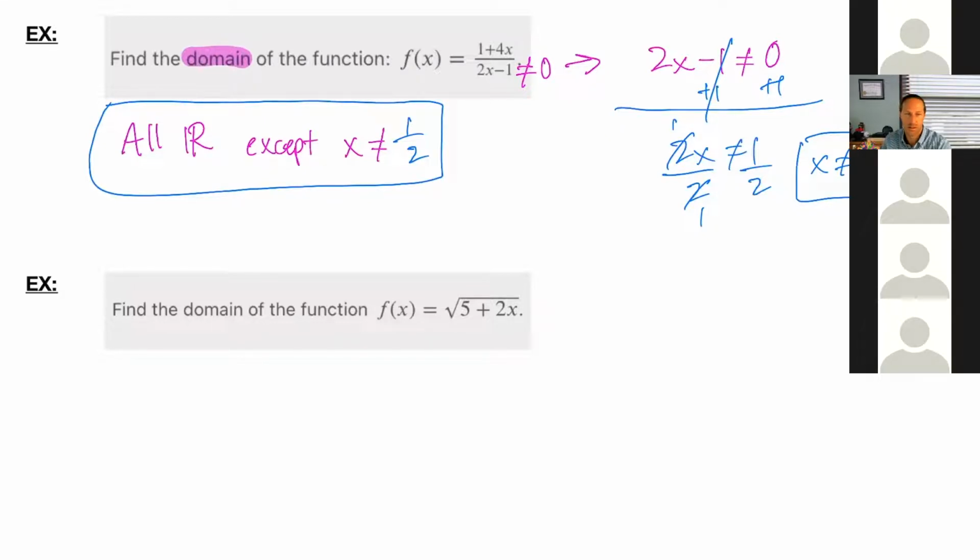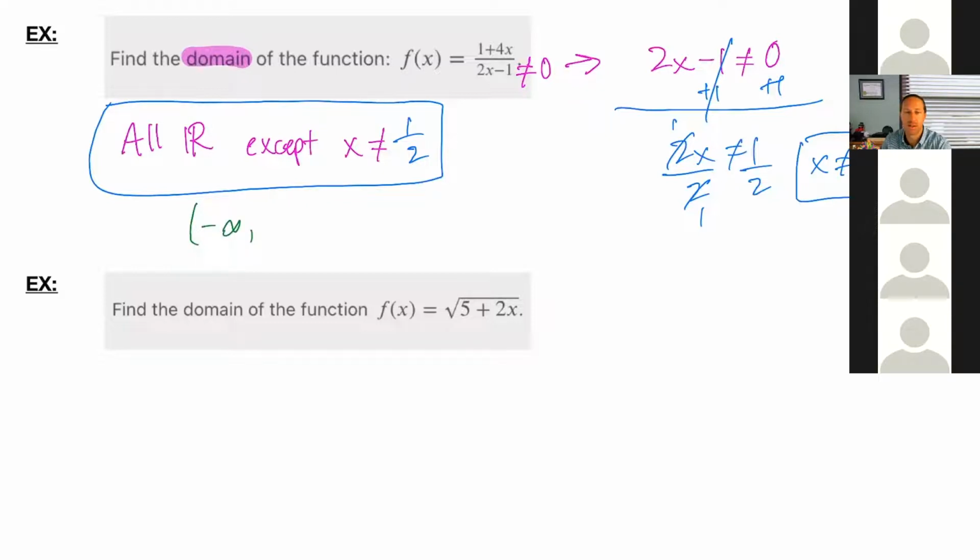What does work? Where would we start? All the way left. Very good. Negative infinity.